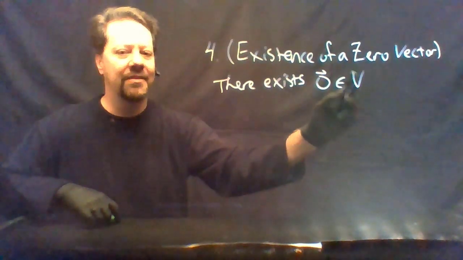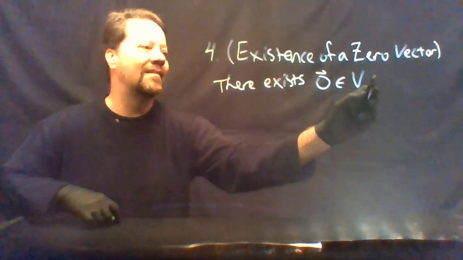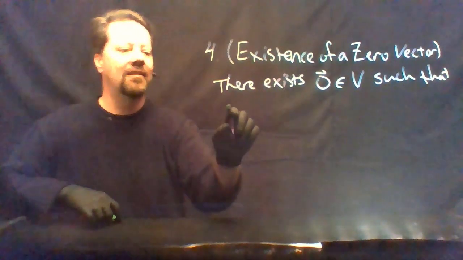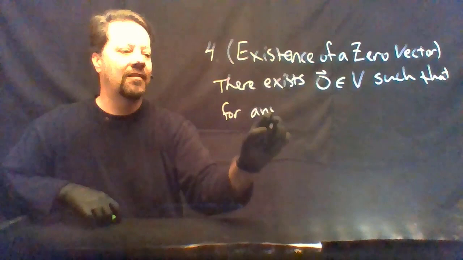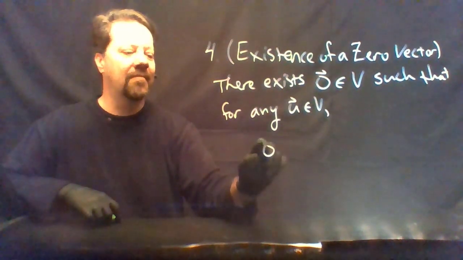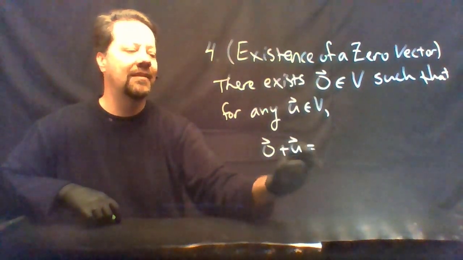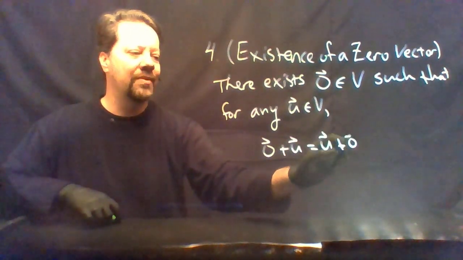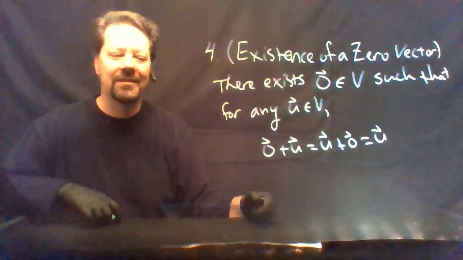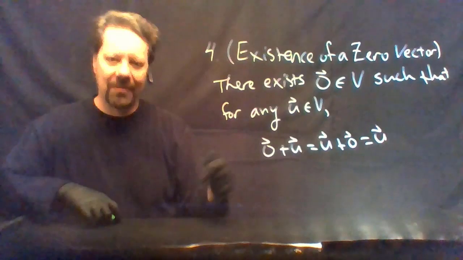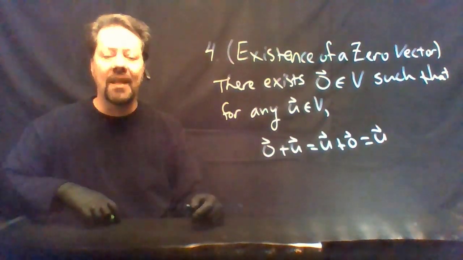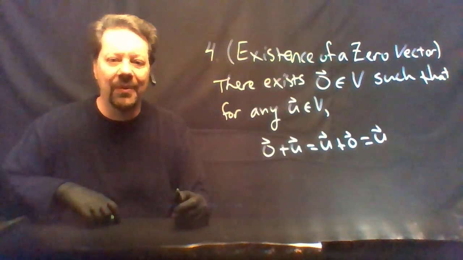This has to be a vector because it's an element of the vector space, such that for any u, if you add 0 to u, of course you get the same thing going the other way around, but you just get u. When you add 0 to something, you get the other something. That's how zeros are supposed to behave. The zero vector will behave that way too.